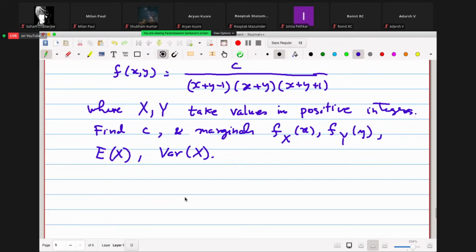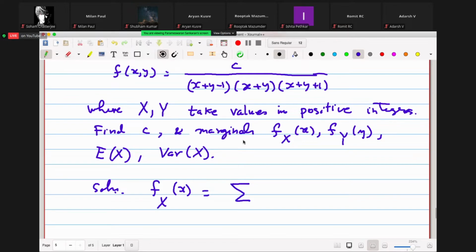Okay. So first, this is a question, so solution. Let us just compute what is the fx of x. Fx of x is equal to, well, you just have to sum the given thing.